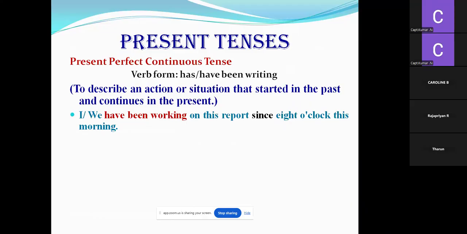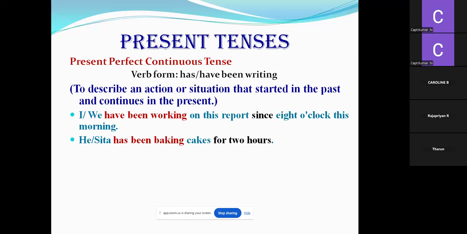See the example. Here also you have to follow that for third person singular, we have to use has. We have been working on this report since 8 o'clock this morning. So when did the work start? Since 8 o'clock. So it is a time in the past.